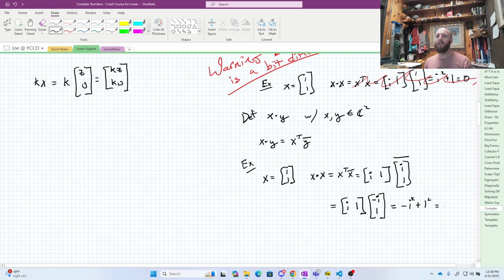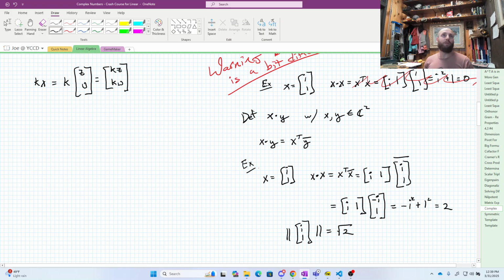Which is going to give me, well, negative i squared, and i squared is negative 1, so this is going to give me 2. So this would tell me that the magnitude of i and 1 is the square root of 2.